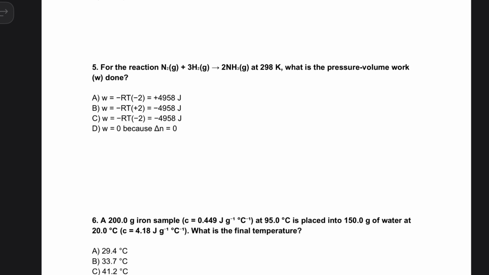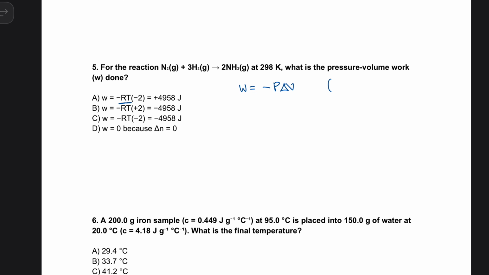Next, question 5 for the reaction. At 298 Kelvin, what is the pressure volume work done? So we know that the formula for work is negative P delta V. But then I'm looking at all the answers and they have like RT here. So I know that we have to convert this to the other version of the formula.